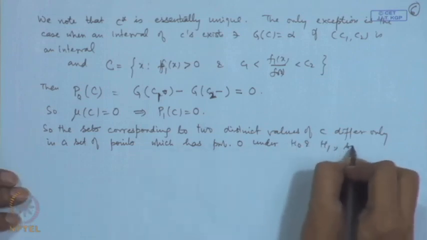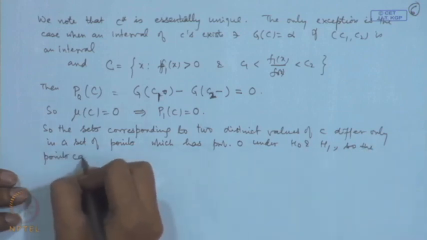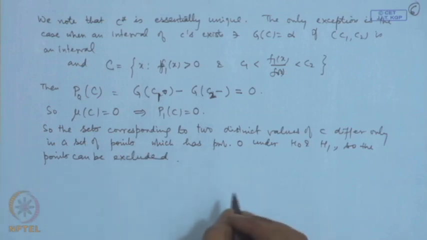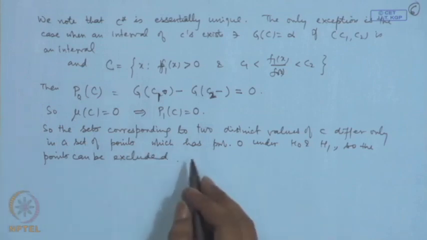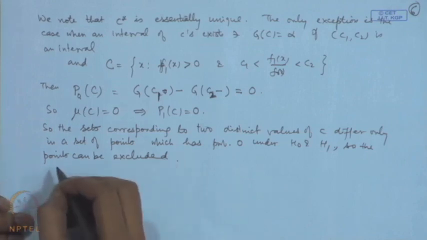So, the points can be excluded from the sample space. So, that takes care of this non-unique part here.